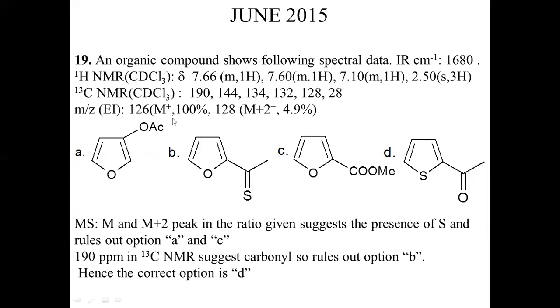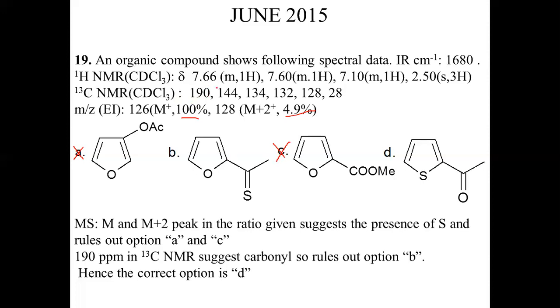Here, the M and M plus 2 peaks are given, and the ratio is 100 to 4.9. That gives you a clear indication that sulfur has to be present. When you look at all the options, option A does not have sulfur, so I can rule it out. And option C does not have sulfur, so I can rule it out too.